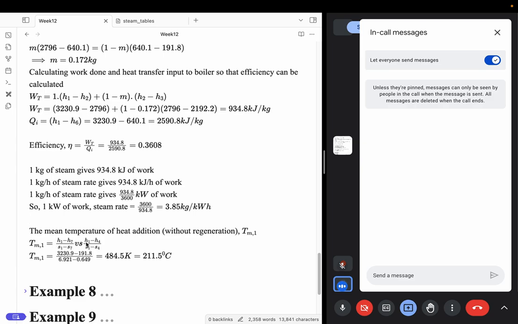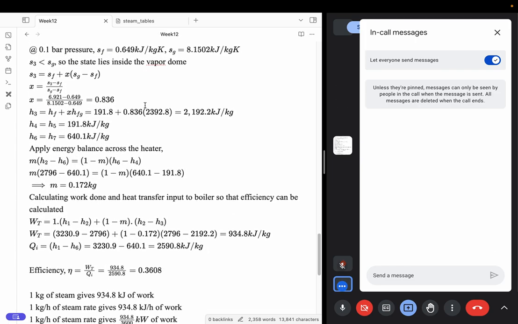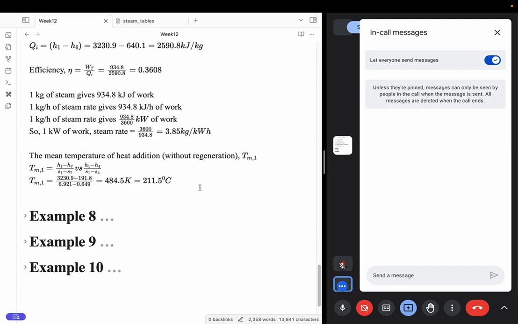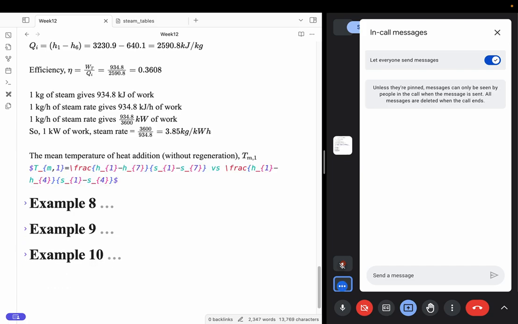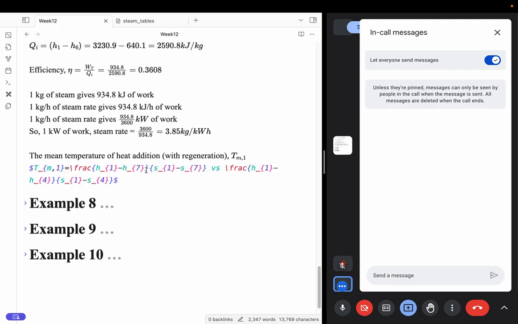So H1 minus H7 is your heat addition, divided by your S1 minus S7. Let me just do that again. Let's do it one by one. With regeneration, it is H1 minus H7 by S1 minus S7.